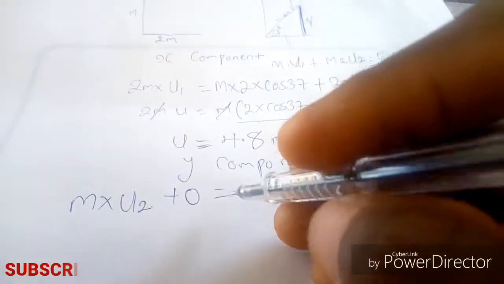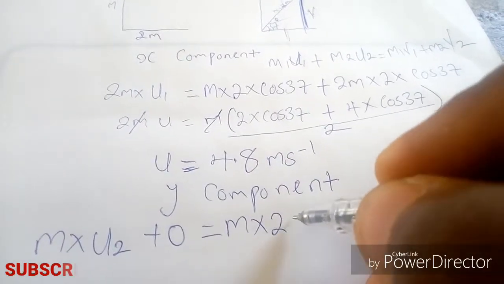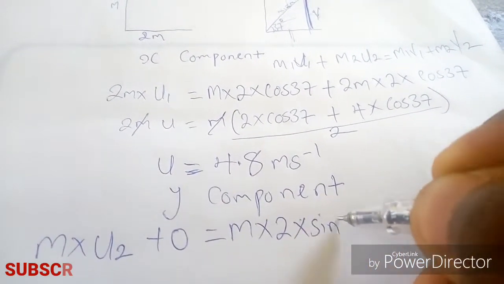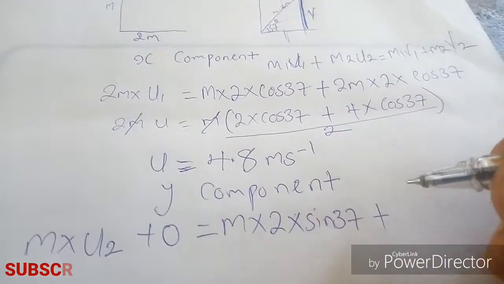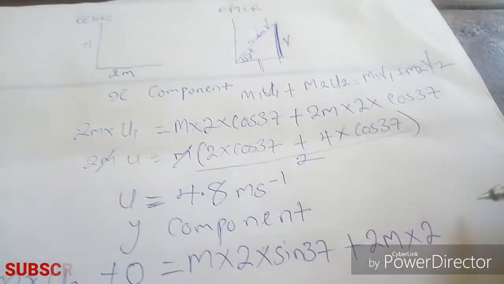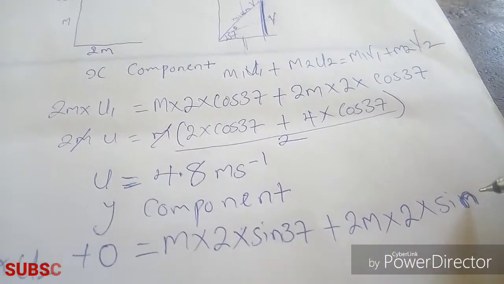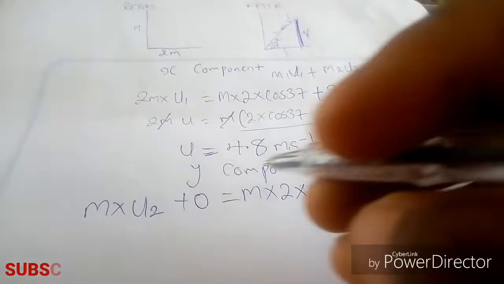So we say mass times the final velocity times sine 37 plus 2m, which is the second mass, times the final velocity times sine 37.